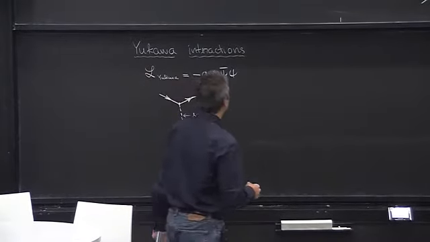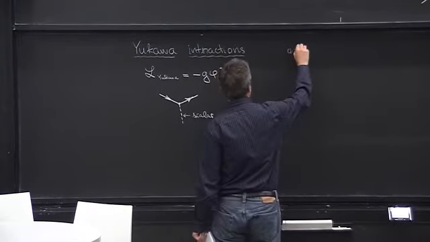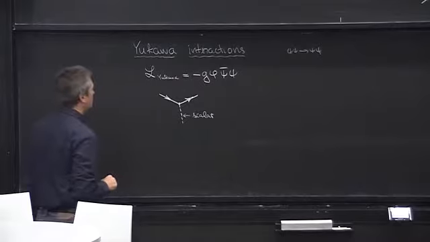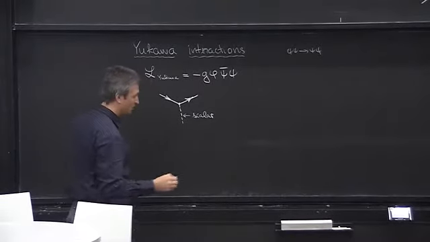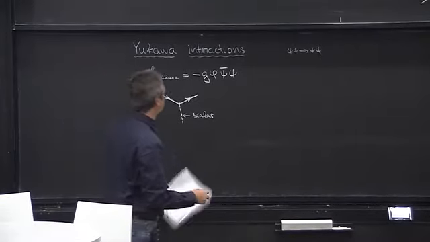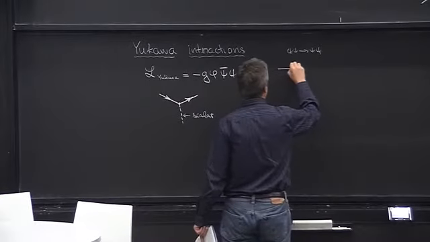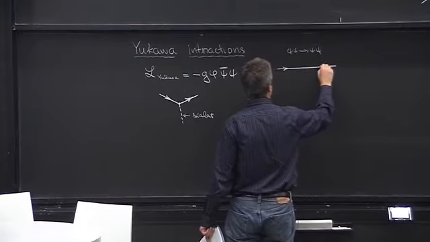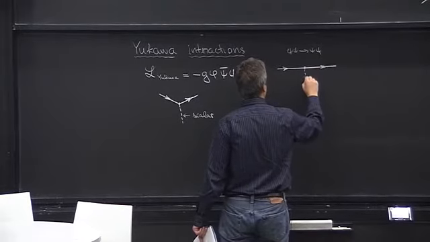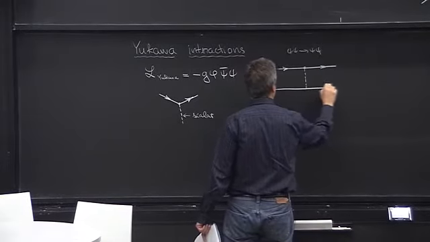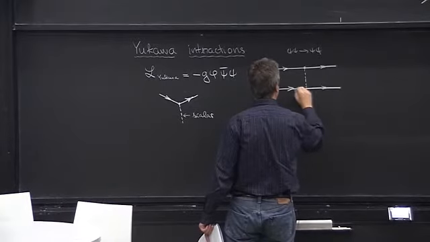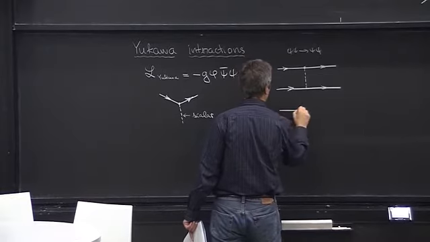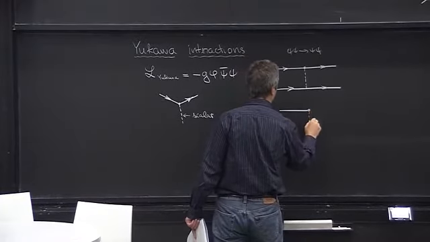So let's first study scattering of same charge particles. This will be described by two diagrams where the photon line is replaced by the scalar line, and this will be the only difference, right?